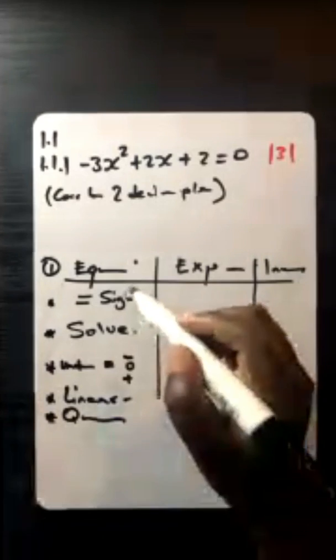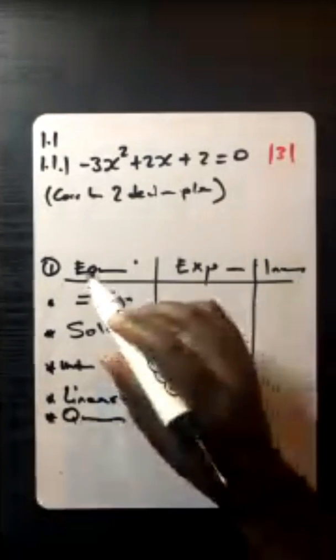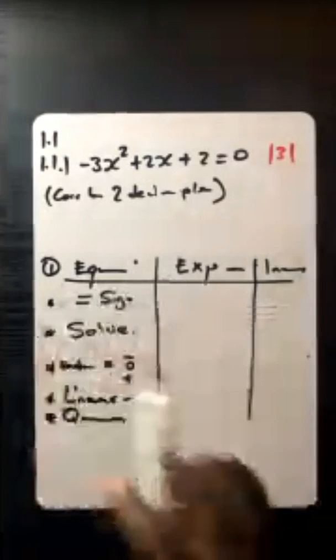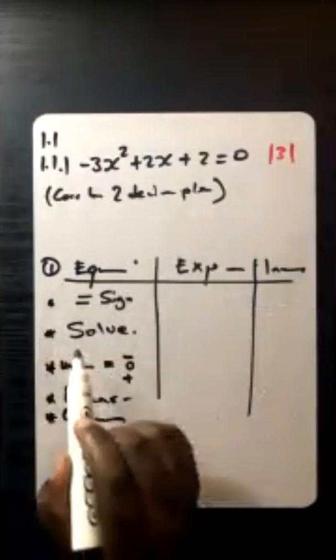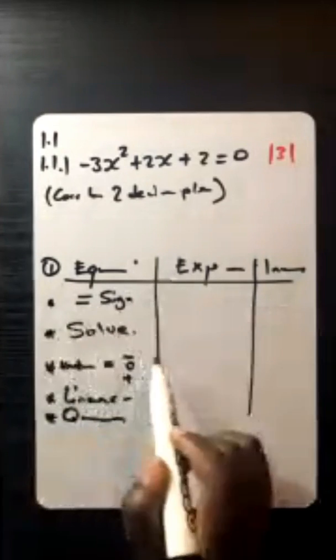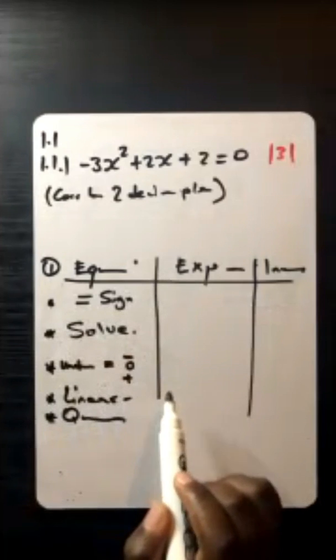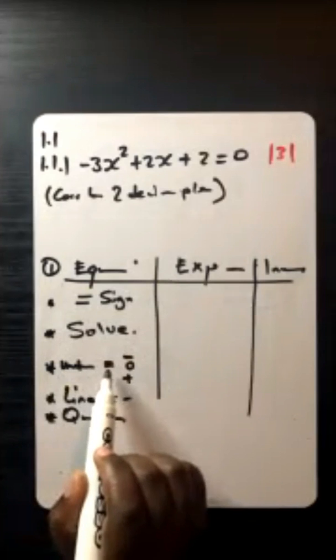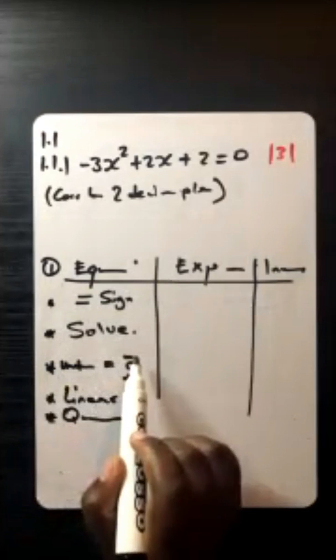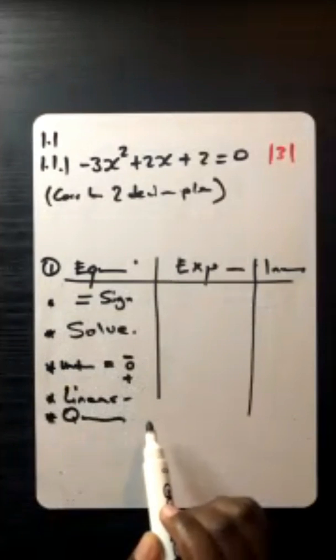So all that you need to know with regards to an equation is that whenever you see an equal sign, you know you've got an equation. Whenever you are given an equation you need to solve, you solve for the unknown. Your unknown will be the letter is equal to either positive or negative or zero.